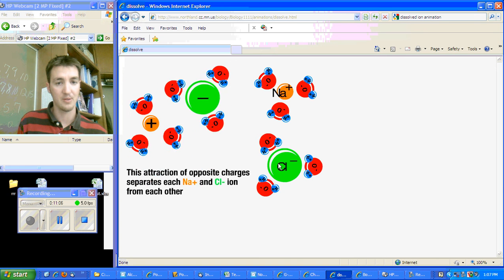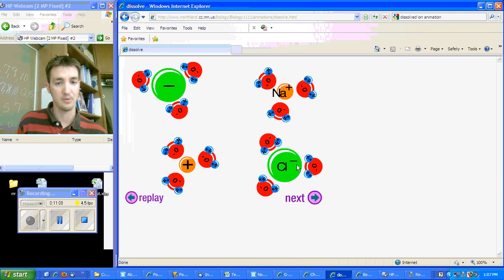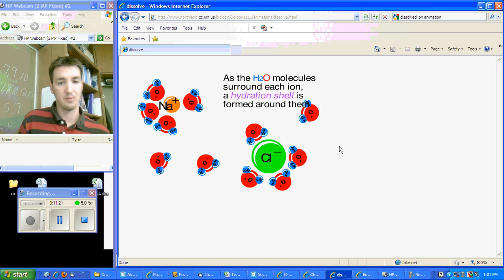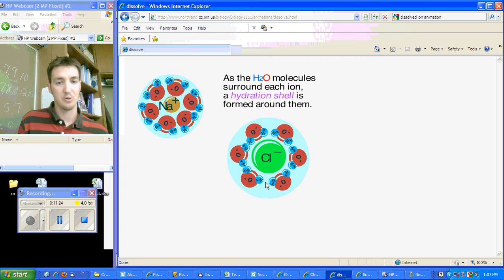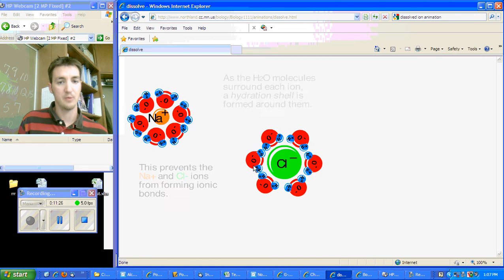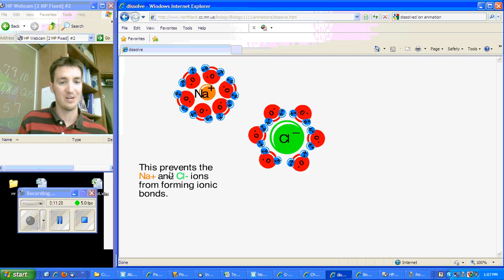The Na and the Cl are totally being broken apart, so it's a little bit different. The water surrounds not an NaCl combined as a whole, it surrounds an Na and a Cl, and once it dissolves completely, the Na and the Cl are totally surrounded, and so now you have ions that float around.